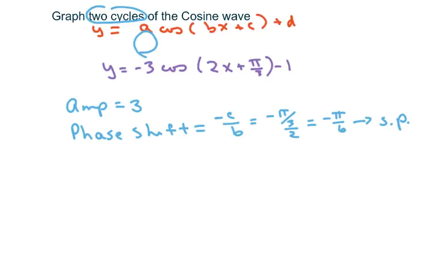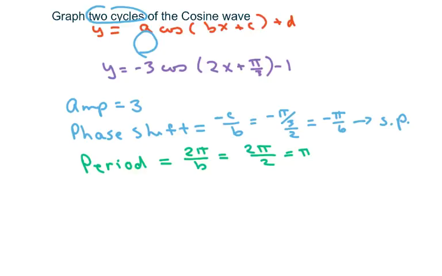Okay. And then what else do we need? We need the period. The period is 2 pi over b, which is 2 pi over 2, which equals pi.